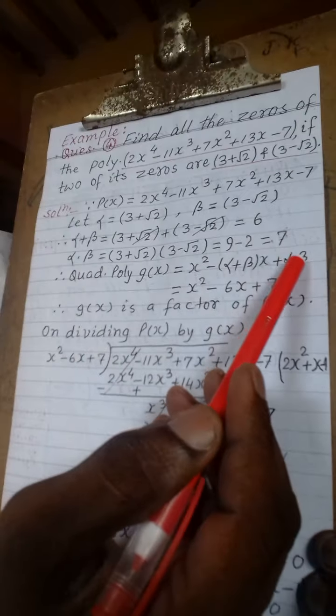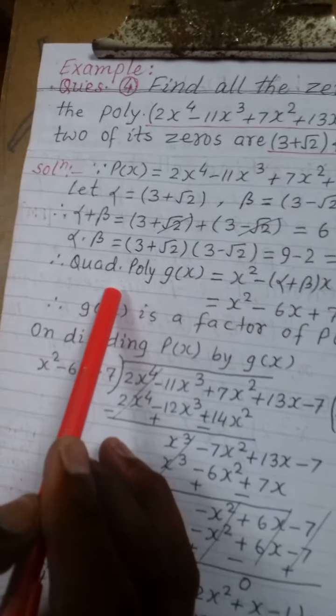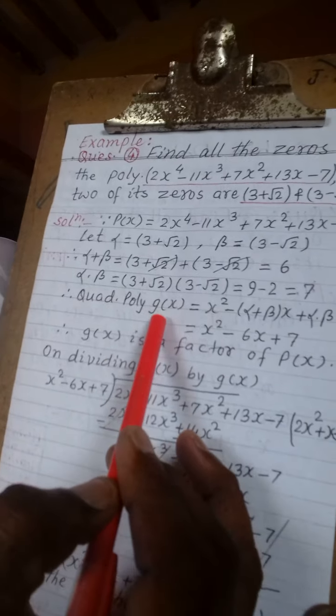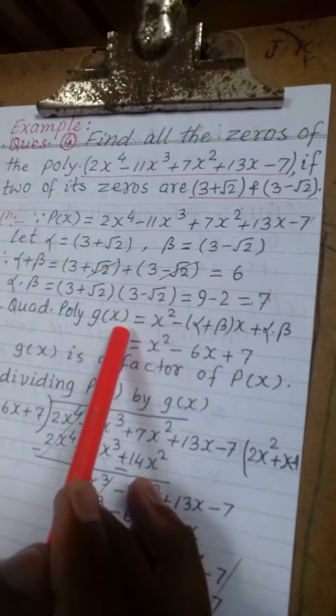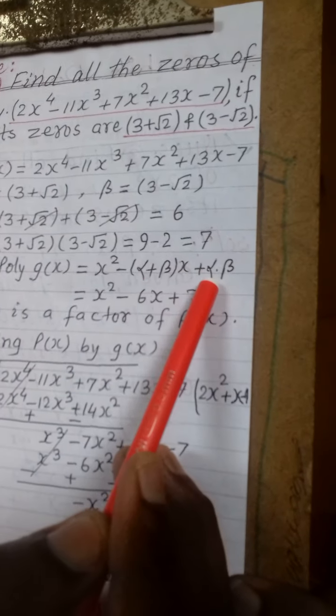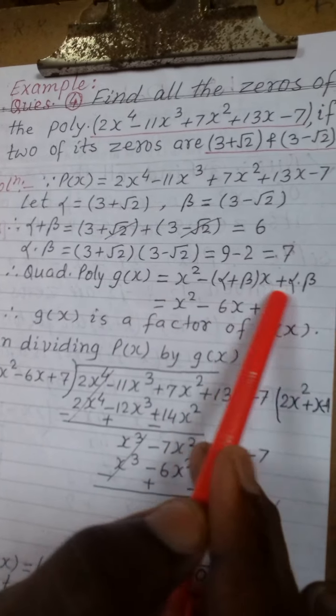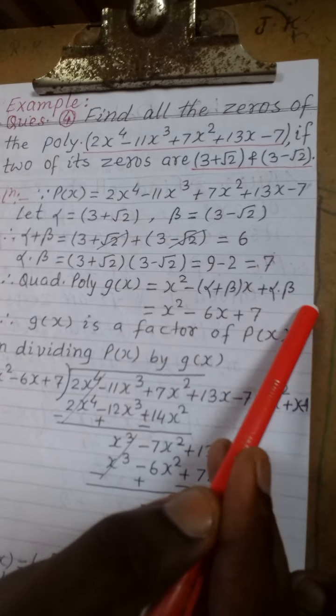Clear, student? Now we will get the quadratic polynomial using the sum and product of zeros. Therefore the quadratic polynomial g(x) will be x^2 minus (alpha plus beta) into x plus alpha into beta. This is the formula for finding a quadratic polynomial.